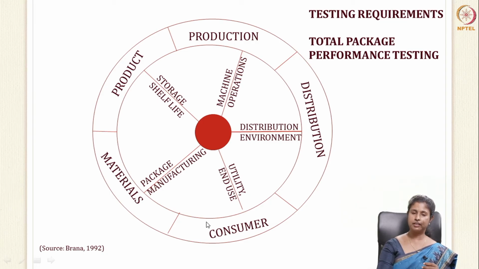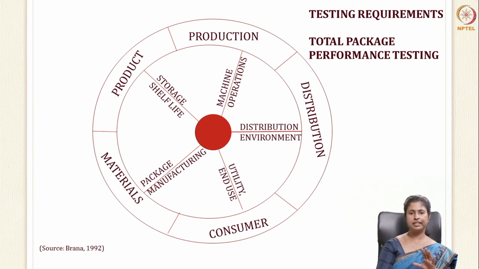Consumer, again we discussed that, utility and end use. Is it going to perform that? Is all the tamper evidence going to stay intact till the end? In materials, packaging manufacturing: can the material endure all the manufacturing processes and the machinery it goes through? And for the product, the shelf life.